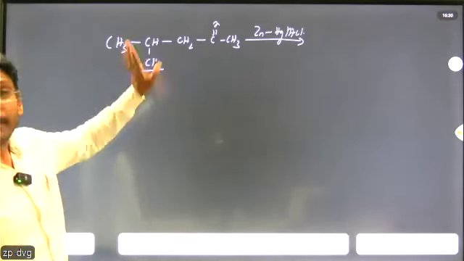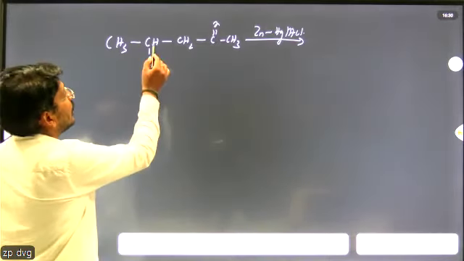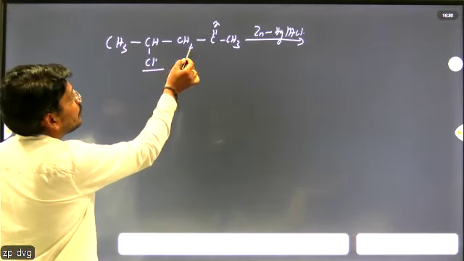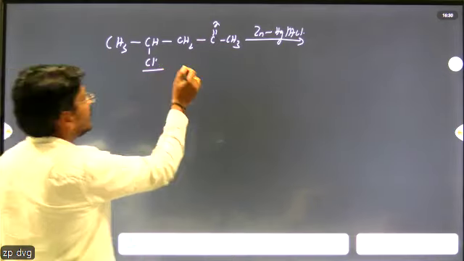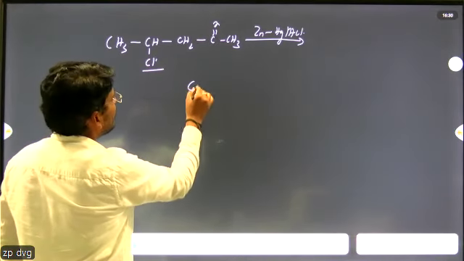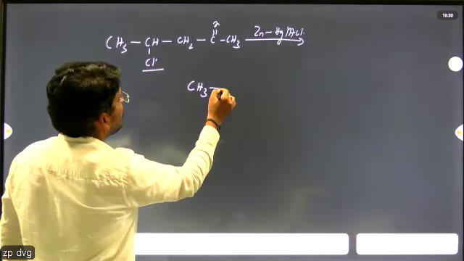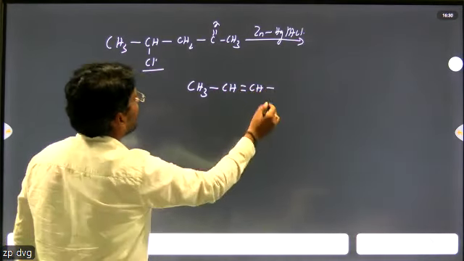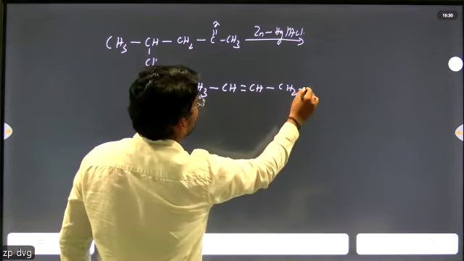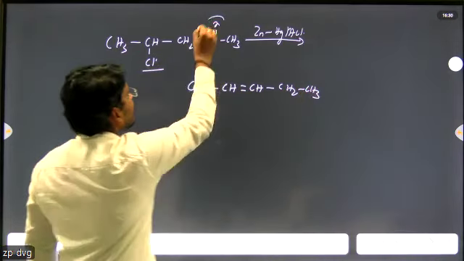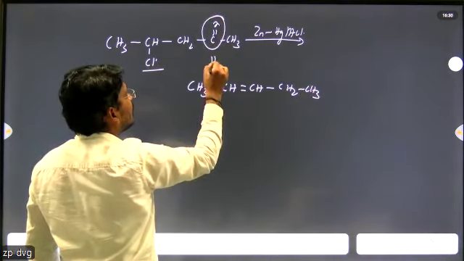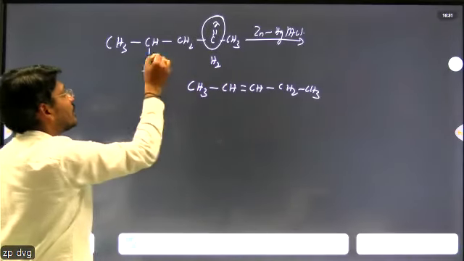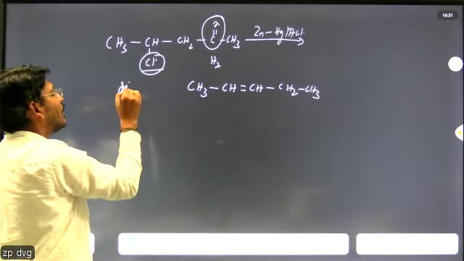Dehydrohalogenation is also called beta elimination. So here, according to Saytzeff's rule, we remove the hydrogen atom here, and the final product is CH3, CH double bond CH, CH2 CH3. The carbonyl undergoes reduction, addition of hydrogen takes place, and the halogen undergoes dehydrohalogenation.